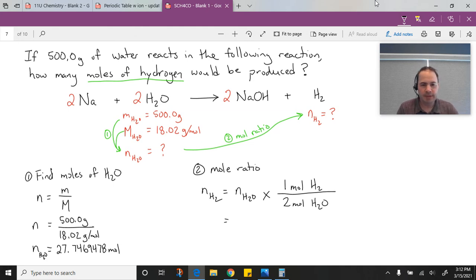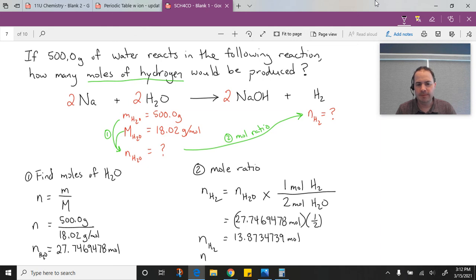So now we just plug in our moles, 27.7469478 moles, and we're going to multiply by 1/2. So our number of moles of hydrogen, when we punch it into our calculator, will be 13.8734739 moles.